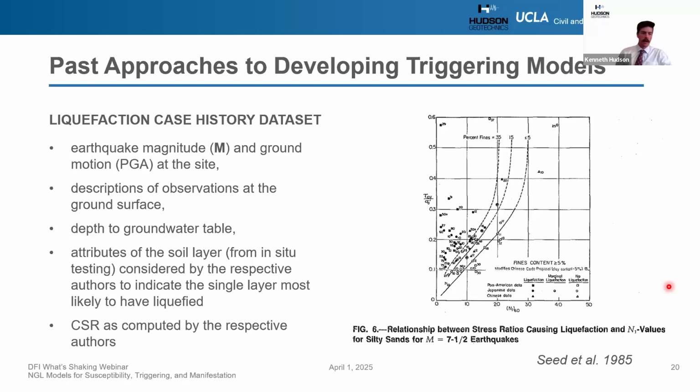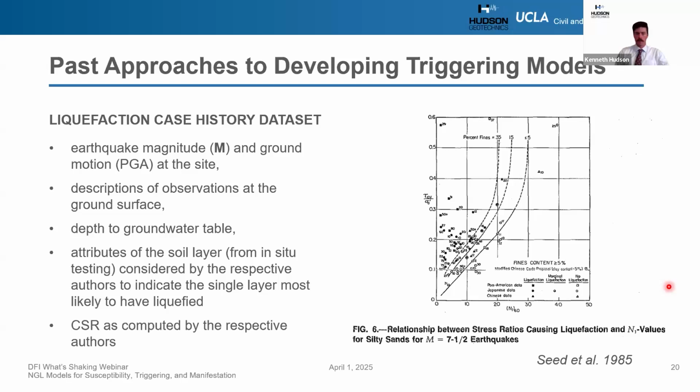Information on groundwater and saturation, and attributes of the soil layers, which are typically gotten from in situ testing, because that's the cheapest and the most effective way, especially for forward analysis, to analyze these things. And the attributes of the soil layer in all these past triggering models have been done on one representative layer within the profile.